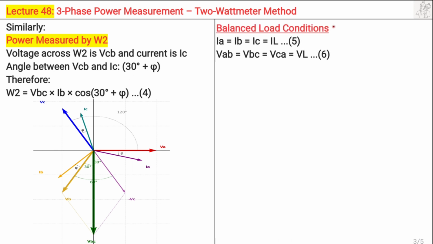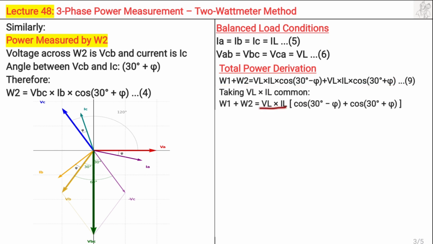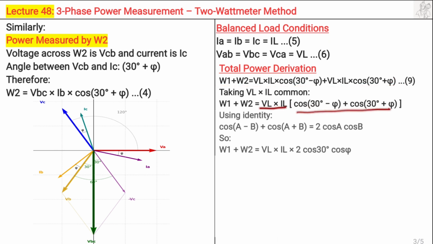Assuming balanced load condition, we can say that all three currents IA, IB, IC are equal to the line current, and all the line voltages are also equal to VL. Adding the two equations, W1 plus W2 is simply VLIL cos of 30 minus phi plus VLIL cos of 30 plus phi. Taking VLIL common, and using the identity cos A minus B plus cos A plus B is equal to 2 cos A cos B, we get W1 plus W2 equals VLIL into 2 cos 30 cos phi.